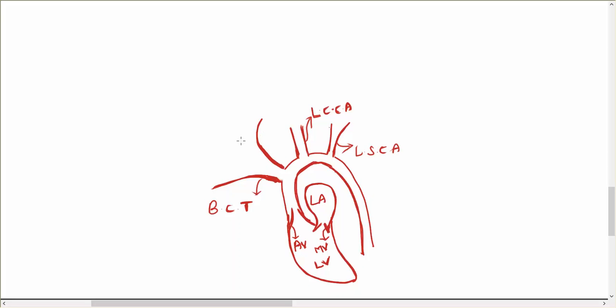From the brachiocephalic trunk, two arteries come out. It gives branches to two major vessels. What are they? One is the right subclavian artery, then the right common carotid artery.